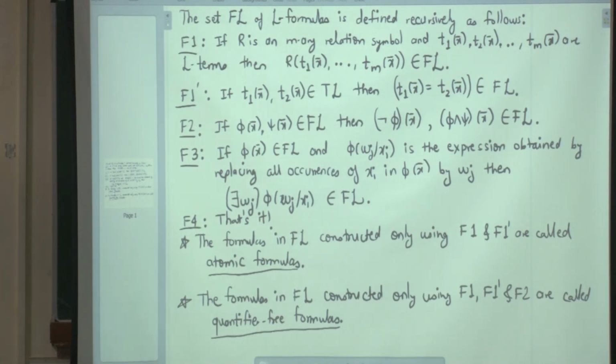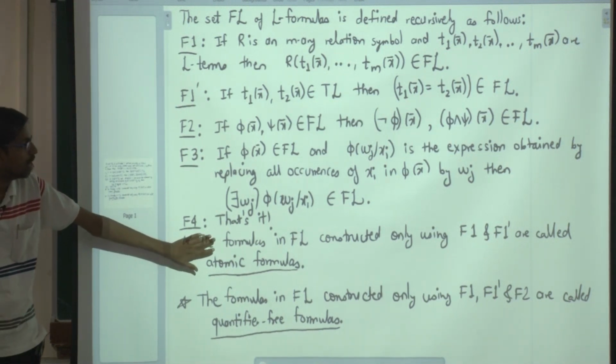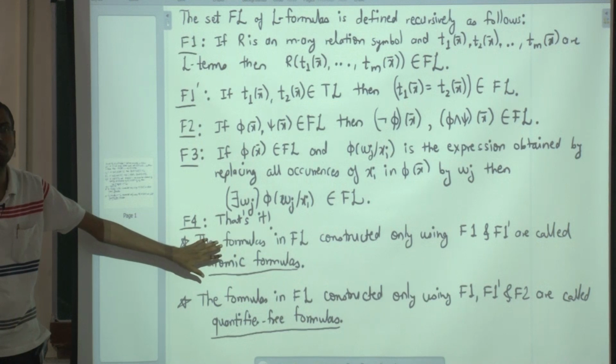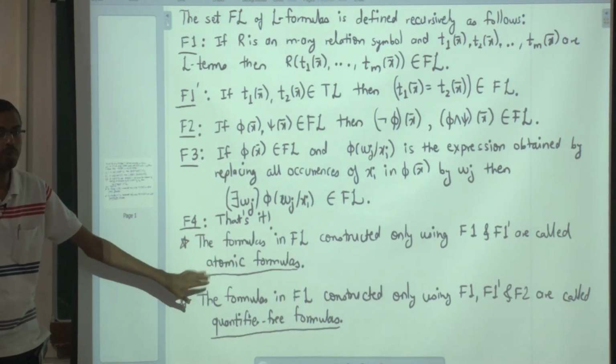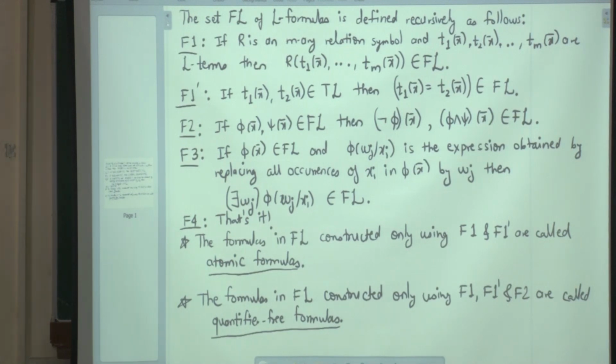Okay, some bit of terminology here. The formulas in FL which are only constructed using F1 and F1 prime are called atomic formulas. Why would they be called atomic formulas? Because they are not generated by using smaller subformulas. They are unbreakable.